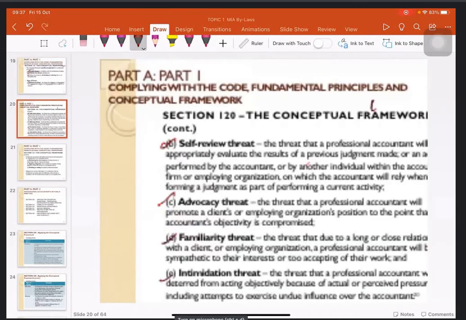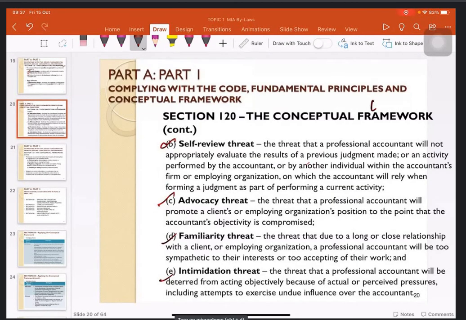Okay. Second one adalah self-review threat. A self-review threat adalah the accountant will not appropriately evaluate the result of the previous judgment made.